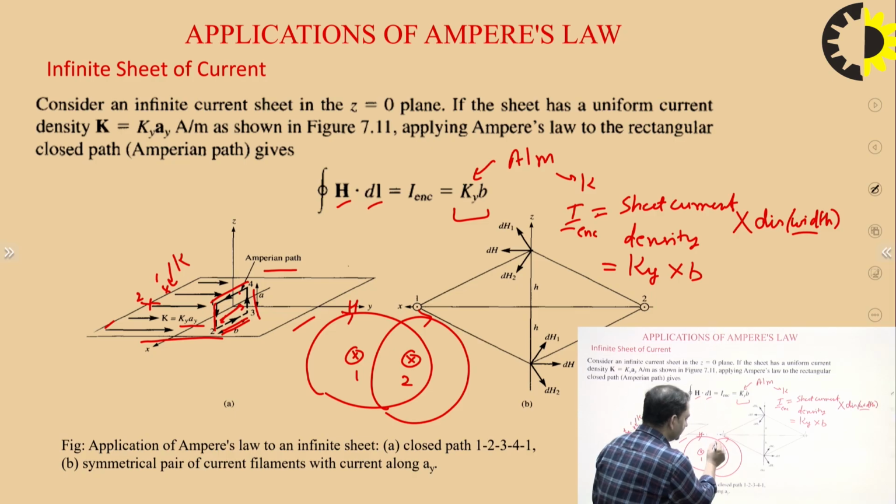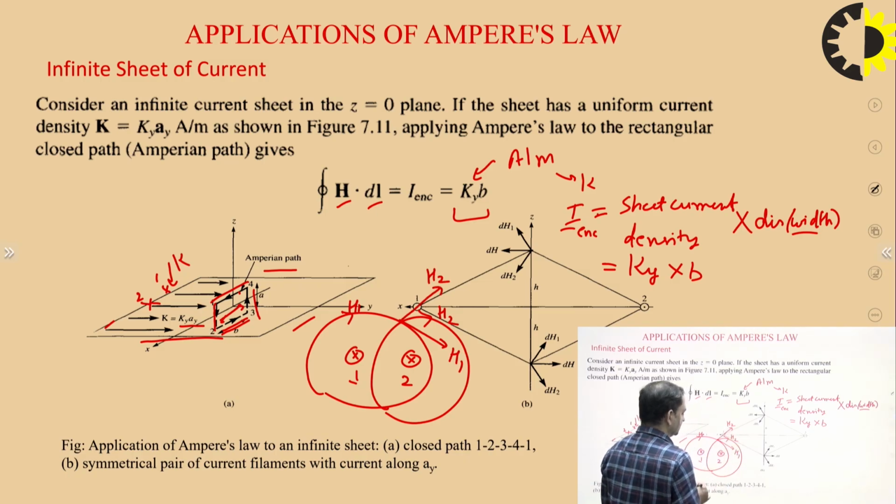Now we can see this is the point at which these two lines cross each other. For element number 1, this is H1, and for element number 2, this is H2. At this particular point, the direction of H1 will be like this, and at the same point, because of the second element, the direction of H2 will be like this.